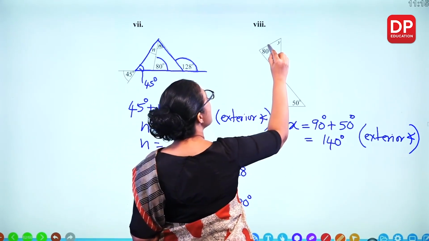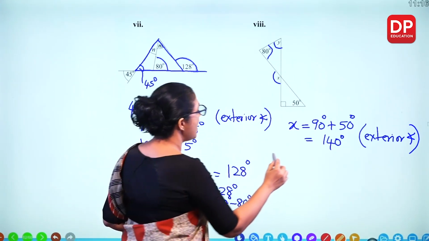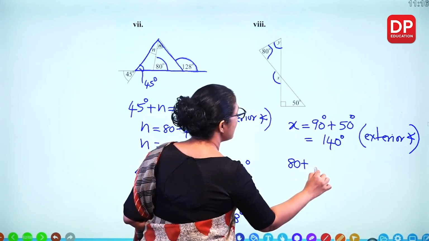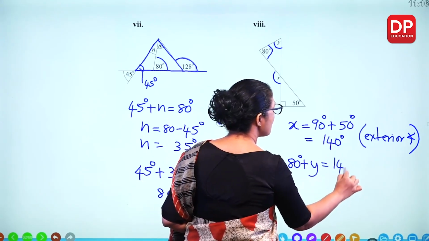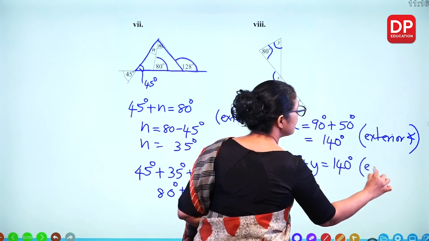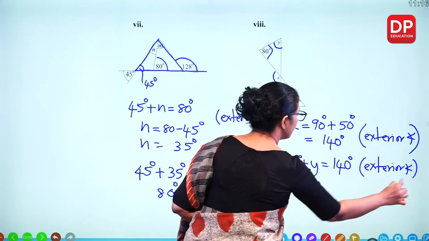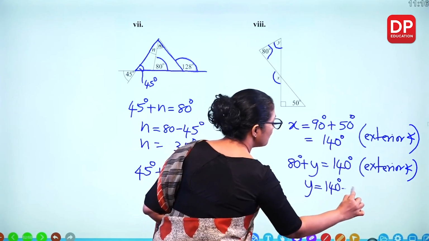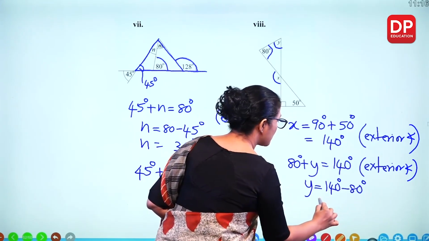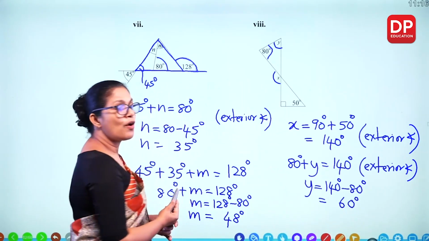This is the exterior angle to these two opposite interior angles. So you can write 80 plus y equals x, that's 140. So what's y? You subtract 80 from 140. 60 degrees for y.